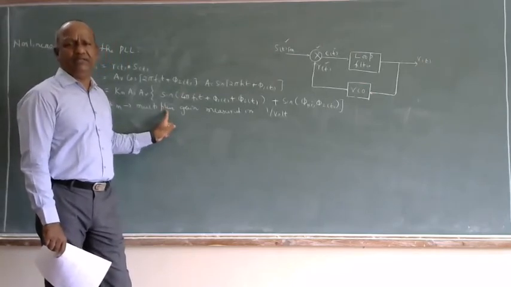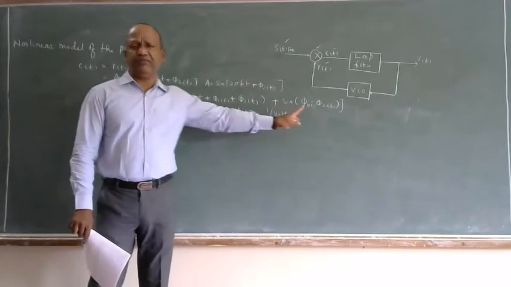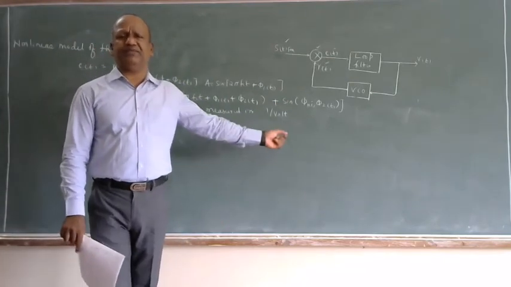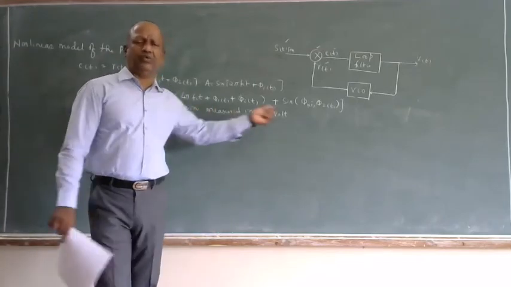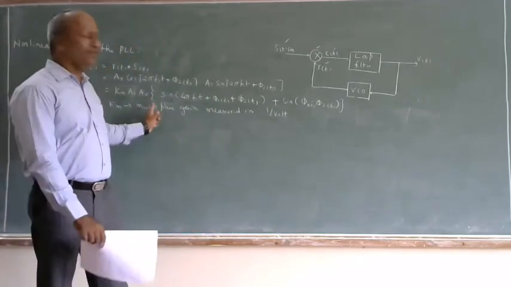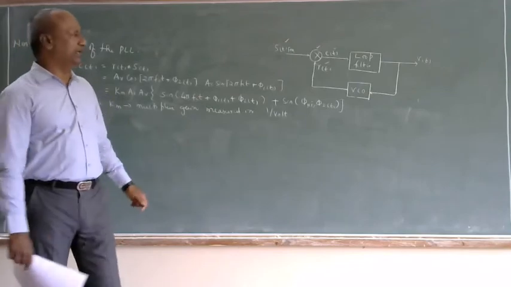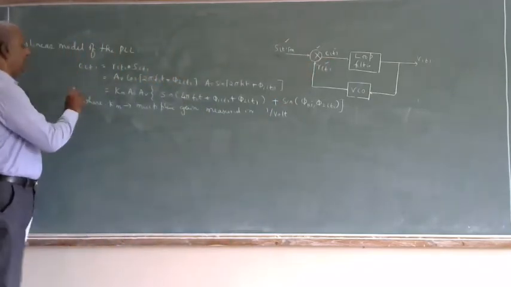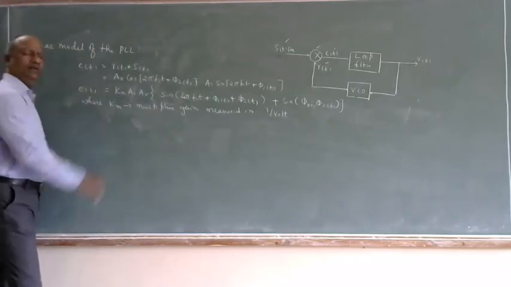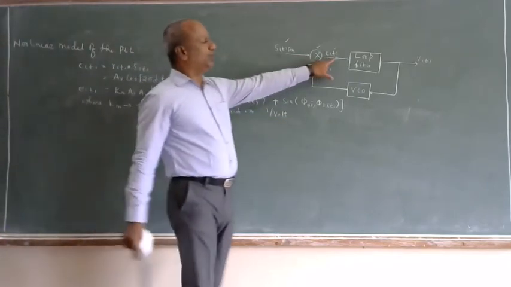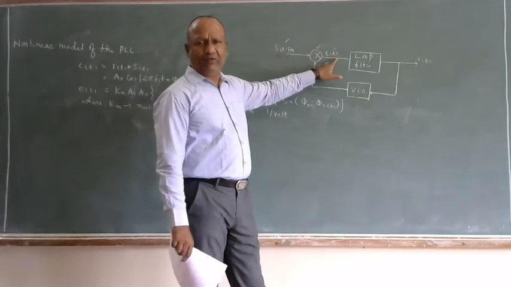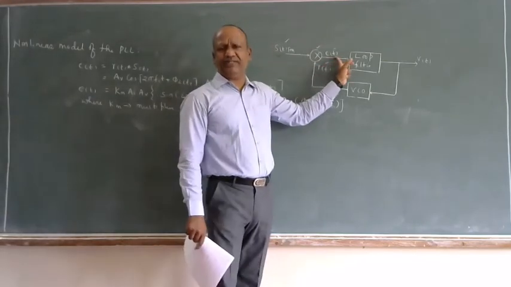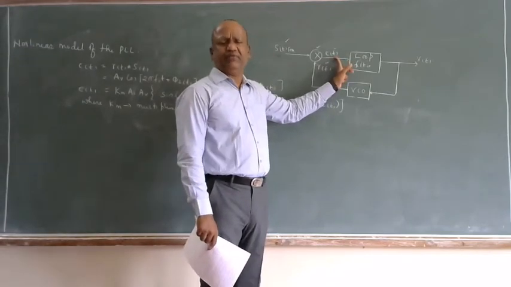I call them double frequency and difference frequency, or high frequency and low frequency. So in terms of frequency we are discussing the components. Okay. So E of t is available with two components. One is high frequency in the form of double frequency. Another is a low frequency component in the form of difference frequency.